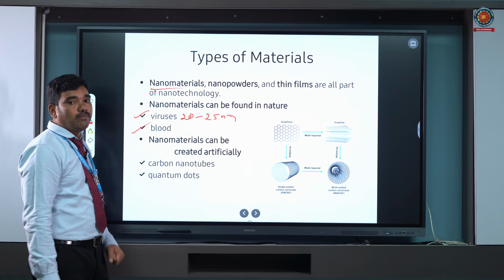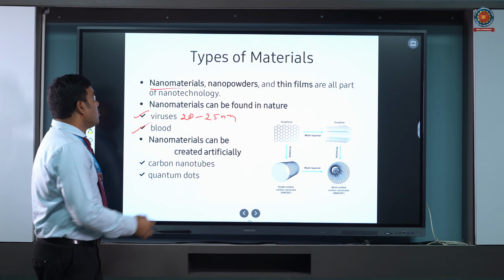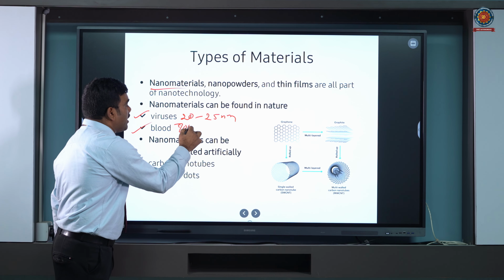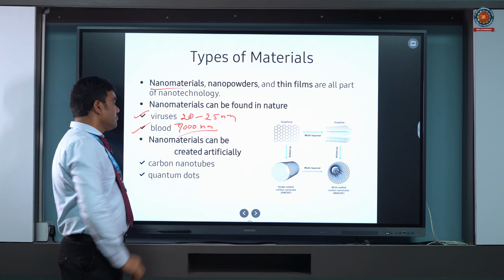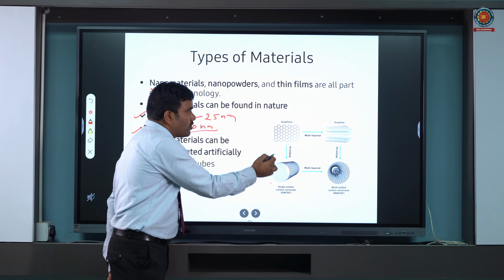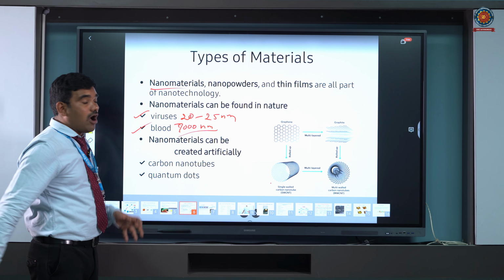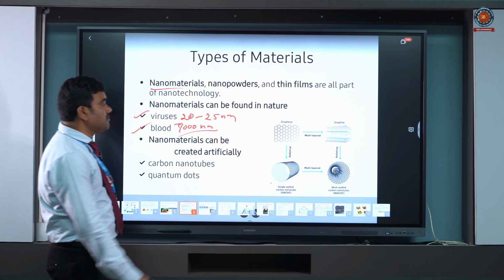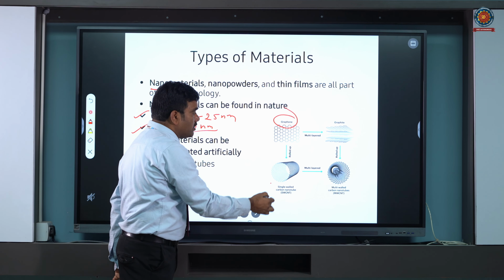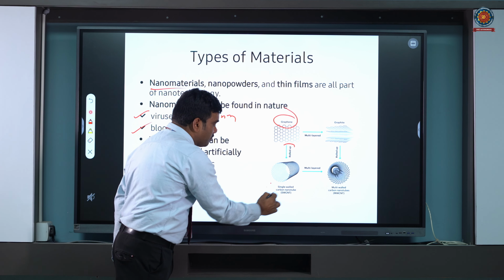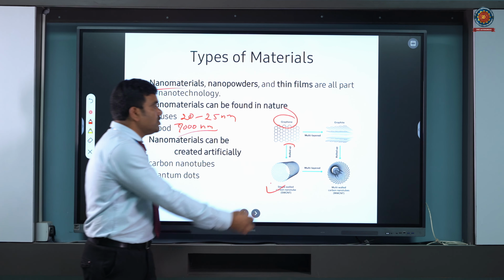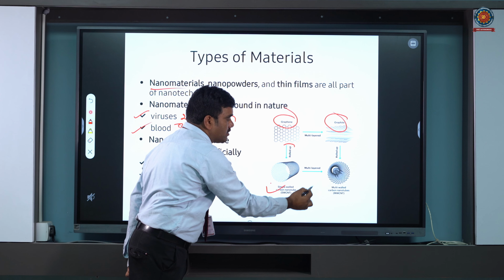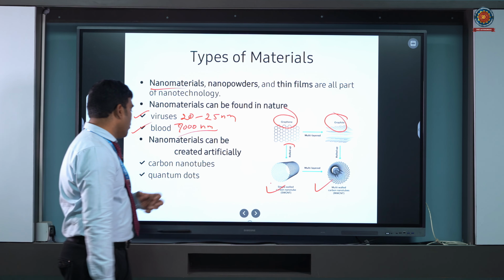Already we said red blood cell size is 7,000 nanometers. This figure shows artificially created nanomaterials. This is graphene. The rolled graphene is the carbon nanotube. This is graphite. This is carbon nanotubes, multiwalled carbon nanotubes.